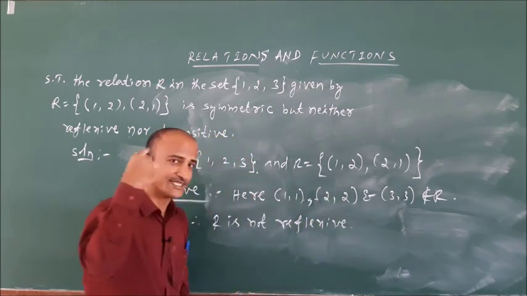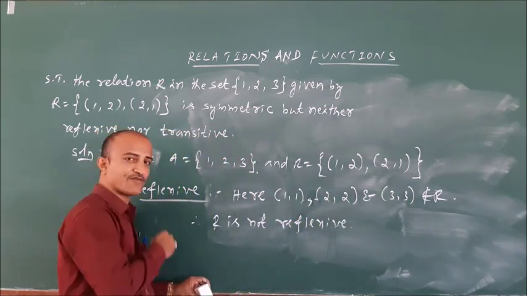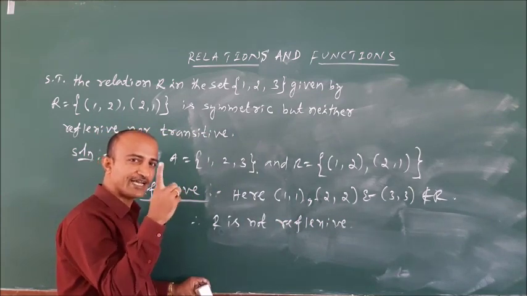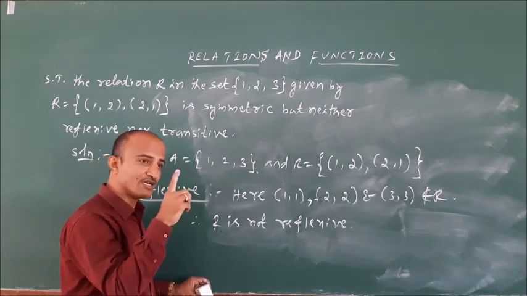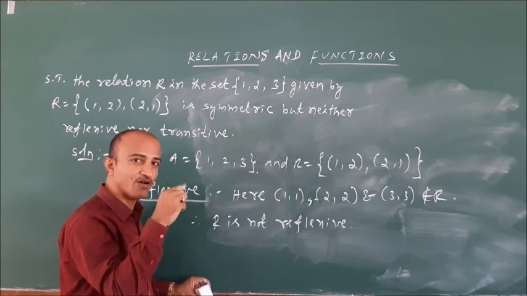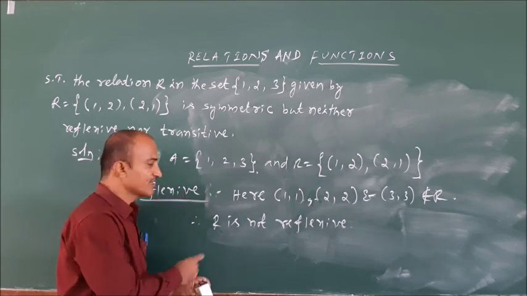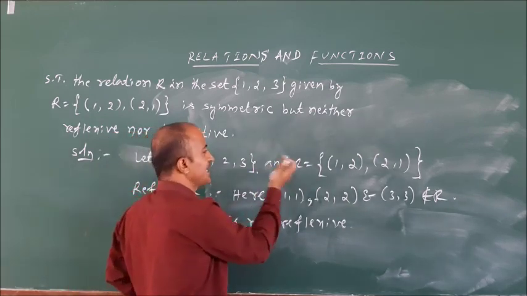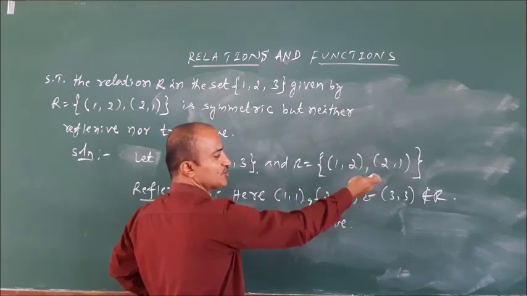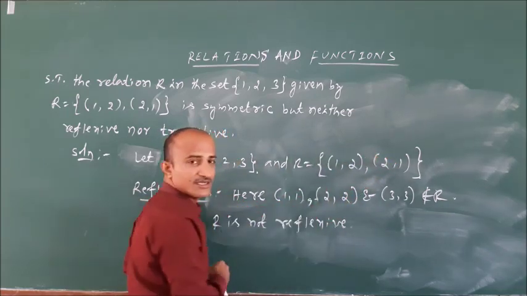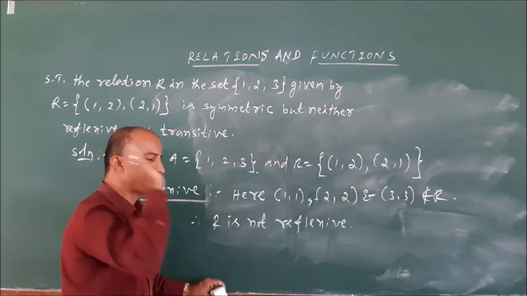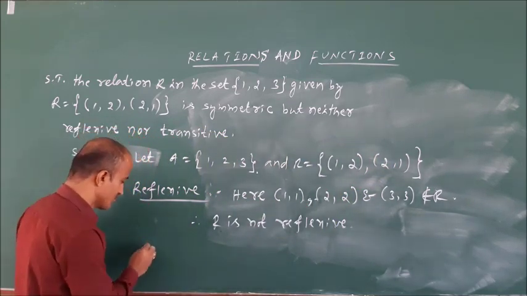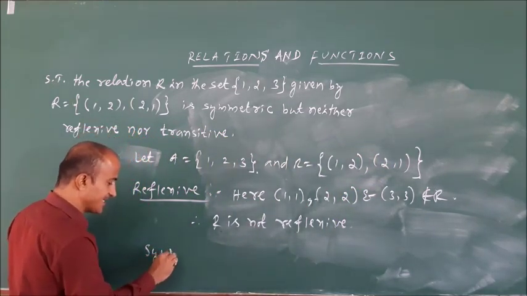Just recapitulate the definition of reflexive. A relation R in A is said to be reflexive if (a, a) belongs to R for all a belongs to A. Here we do not find any element in R where (1, 1), (2, 2) and (3, 3) are in R. Therefore, it is not reflexive. Now we shall check whether it is symmetric or not.